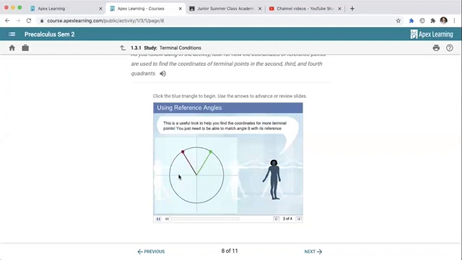So looking at another one, you can use this trick to find more terminal points. We can use these reference points to find more terminal points. We just need to be able to match the angle with its reference angle in quadrant 1. If we were to look at this one here, this is our original, and we were trying to figure out what its reference angle is.